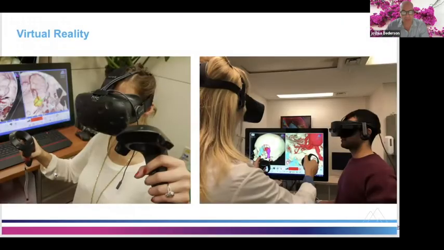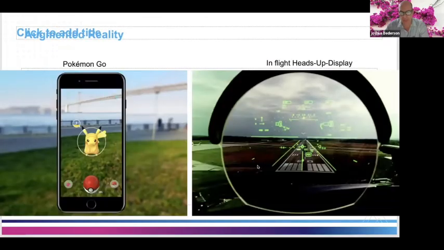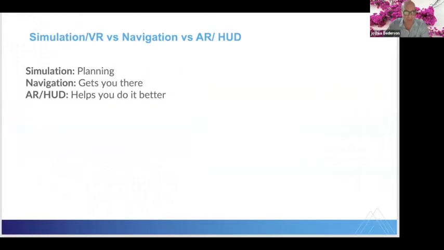I'm sure that many of you are aware that in virtual reality, there is no interaction with the real world, whereas in augmented reality, we overlay our virtual reality into the actual field.